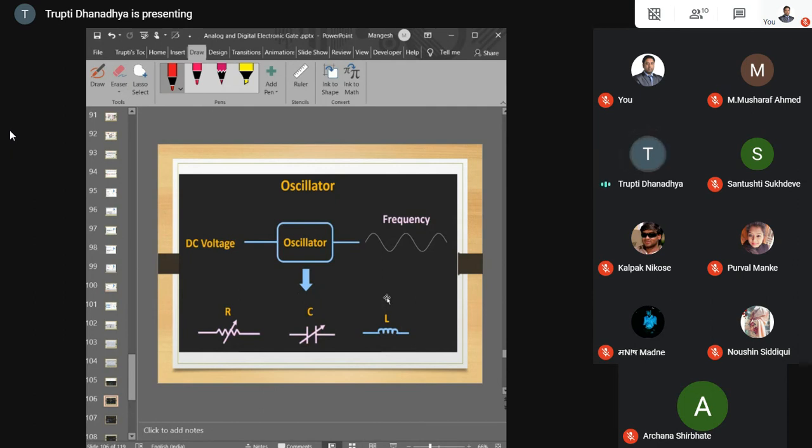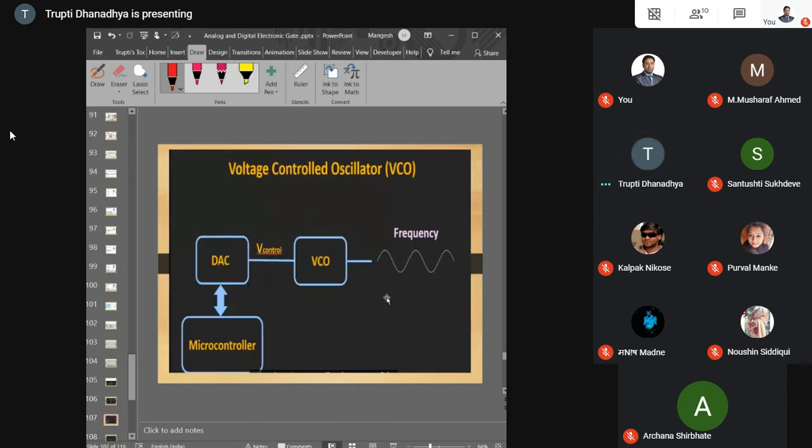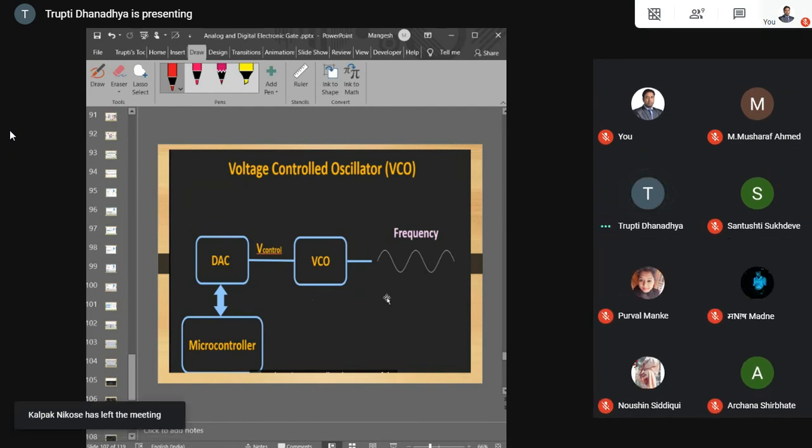So this is the basic oscillator, and by using this basic oscillator, we design the VCO, and VCO stands for voltage controlled oscillator. In this voltage control oscillator, actually A to D and D to A converters are used.